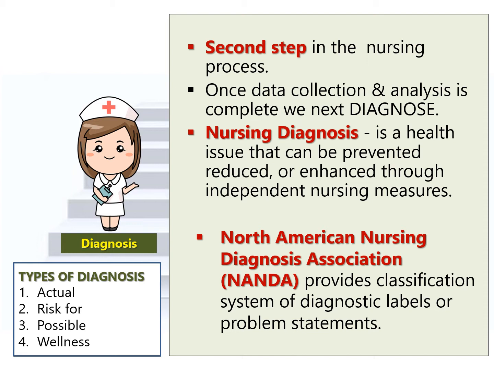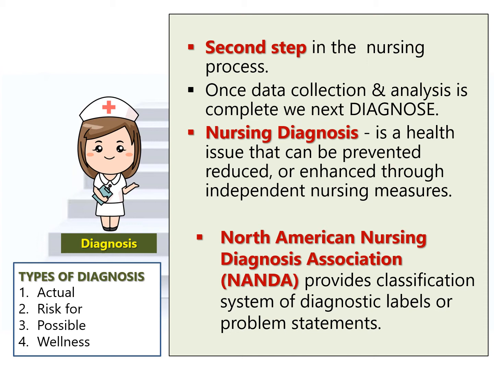It could be actual, so there is a problem that is actually happening, like pain. It could be a risk for, like a risk for infection. It could be a possible diagnosis, which is something that the patient is not having but could possibly be having. And then wellness, where the patient is not sick but we are caring about his wellness diagnosis.